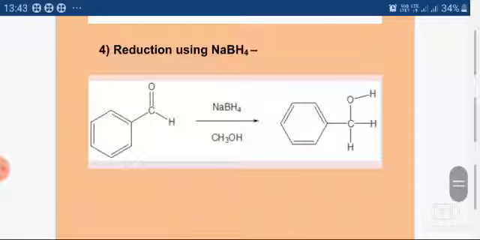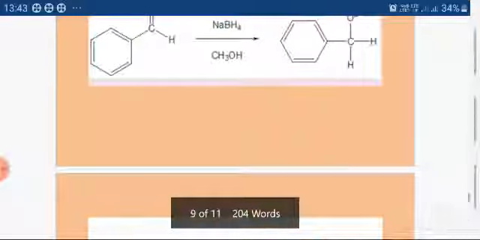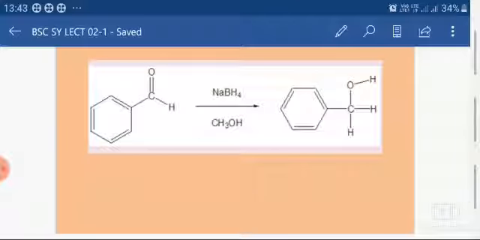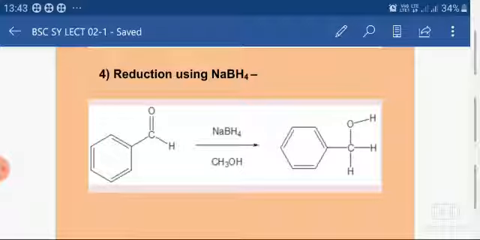Now the next is reduction using sodium borohydride. In this reaction, when benzaldehyde undergoes reduction with sodium borohydride, then it gives you benzyl alcohol. Keep in mind the names of the compounds. It is very important.